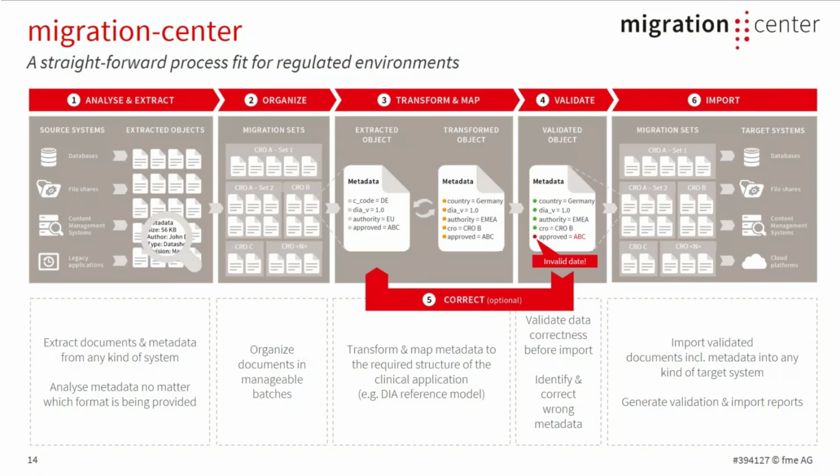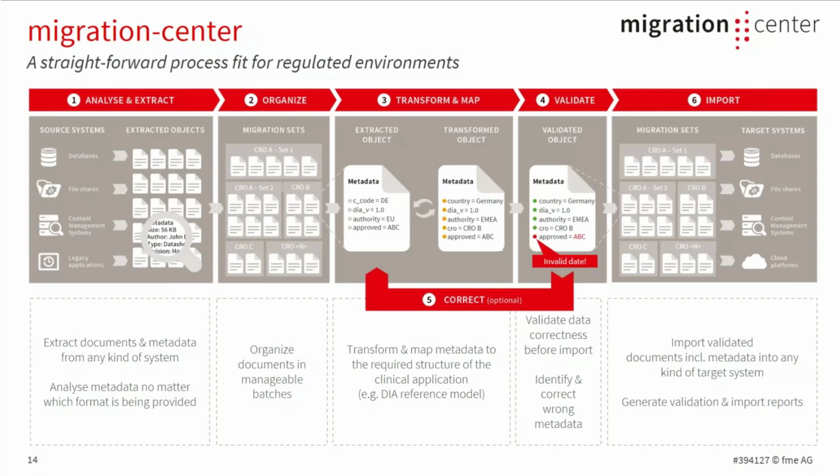The third step is to transform and map. In this case, for example, you see the extracted objects with the source attributes like the country code DE, with the DIA version, with the authority, and with the approval date. Within the transformation, you configure how to map and how to create the new metadata for the target system.